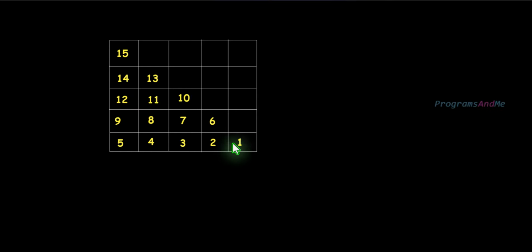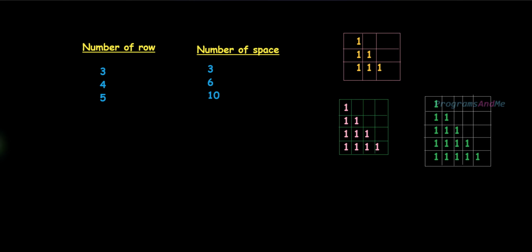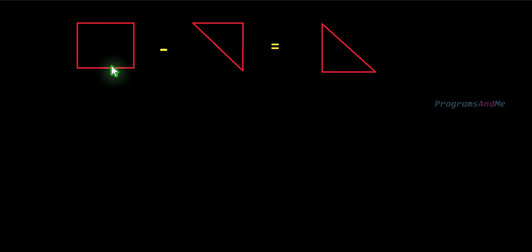Now if it is a square pattern, I know the first number will be the number of rows multiply number of columns. Now if I minus the number of spaces from that product of number of rows and number of columns, then I'll get this first number. This is a square shape. I'll minus the number of spaces from it. Then I'll get the first number in the triangle shape.